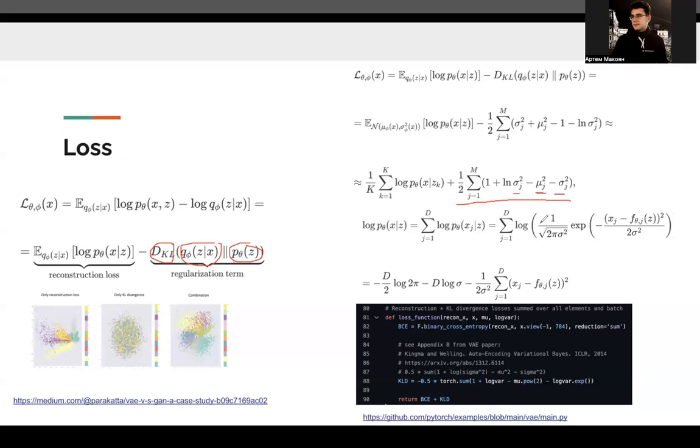In fact, we often want our encoder to output not exactly sigma squared, because the variance should be positive, but the logarithm of the variance, which can be any real number. So it's easier for our model to learn to output not only positive numbers but real numbers.